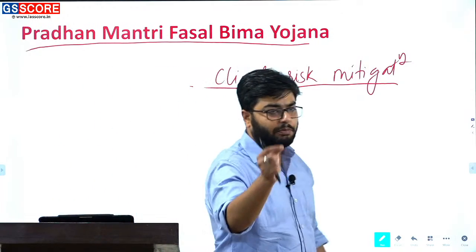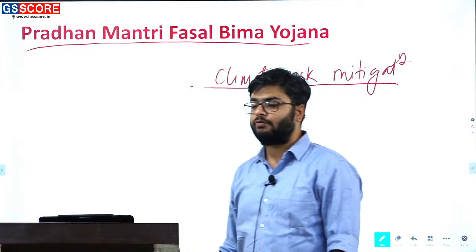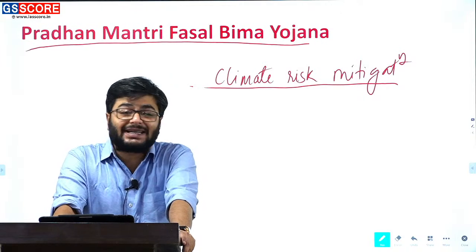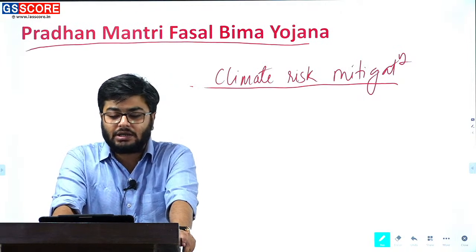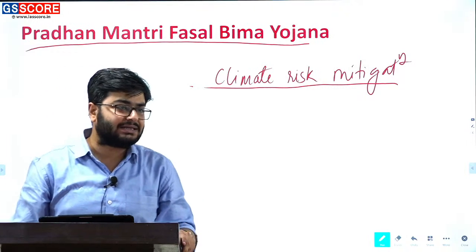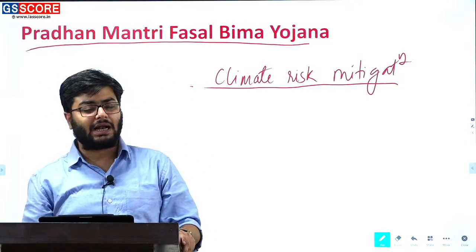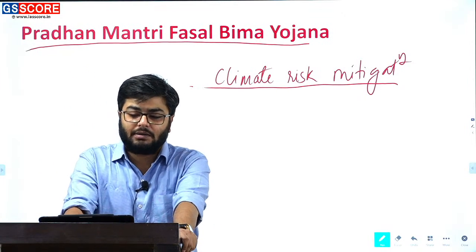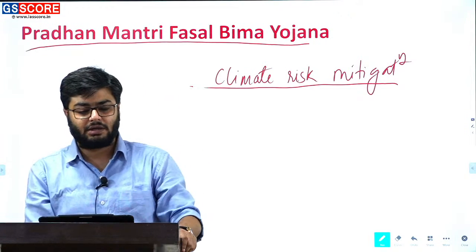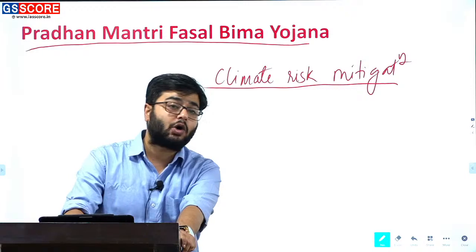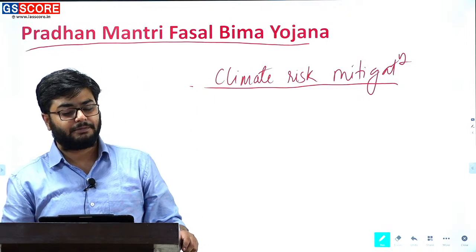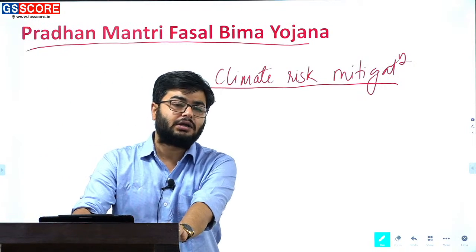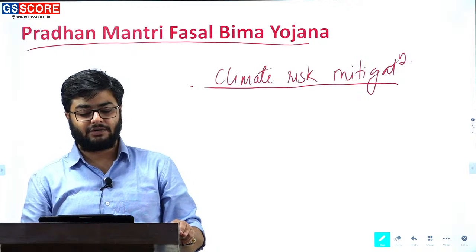So financial support is provided to the farmers against crop failures due to pests, natural calamities or diseases, to stabilize the farm income and to encourage the adoption of modern agricultural practices. Remember, not all crops are covered. Food crops, oil seeds and horticultural crops are covered.